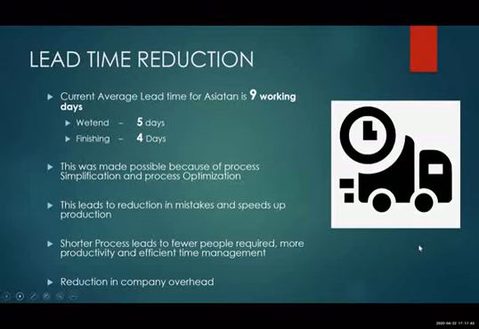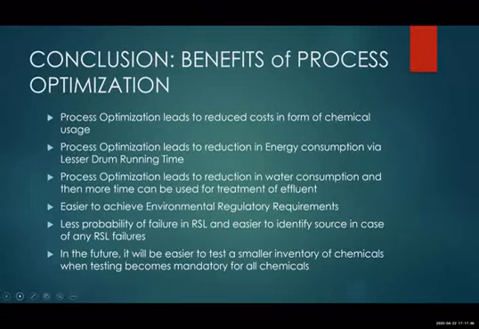So this is my final conclusion. The benefits: process optimization definitely leads to reduced cost and chemical usage, and simultaneously energy and water. When it reduces water, it also helps with good treatment at the end, because with less water we have more time to treat with the same capacity of the ETP plant.